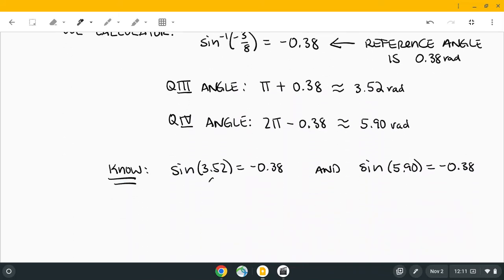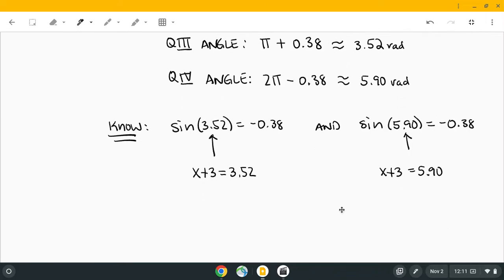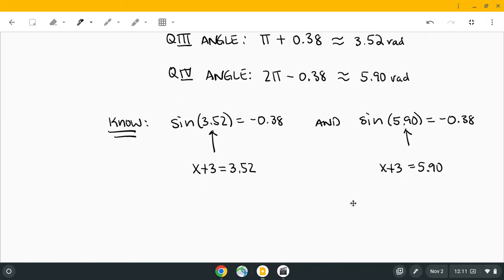So here, this tells me that x plus 3 must equal 3.52, and this tells me that x plus 3 must equal 5.90. And now we have to solve for x. Okay?